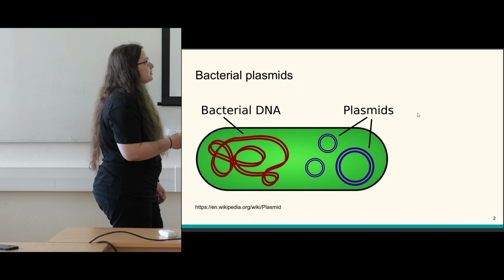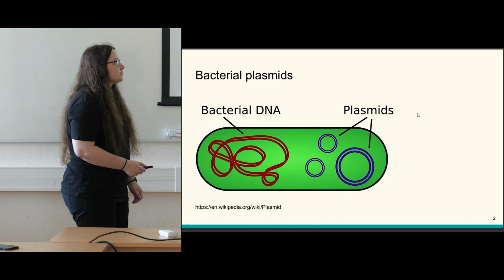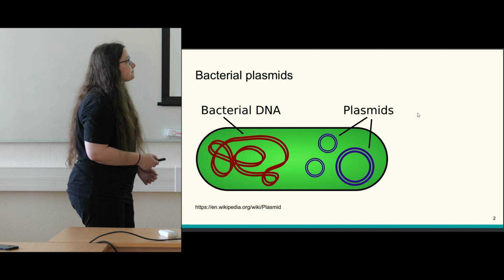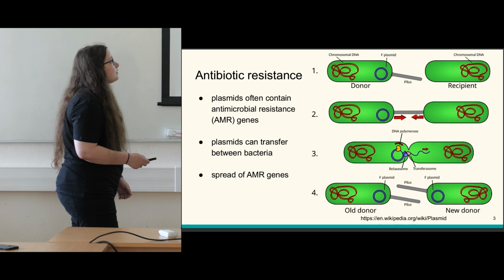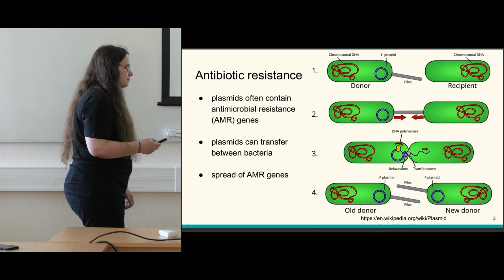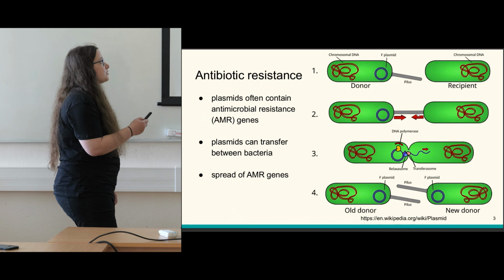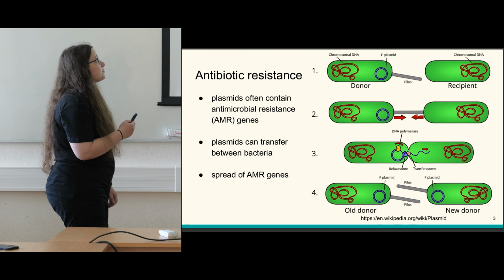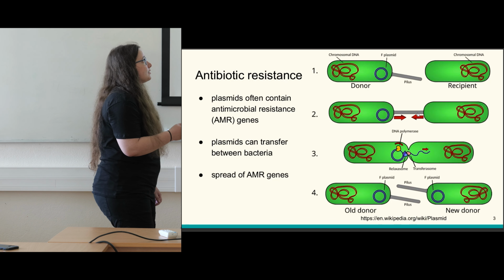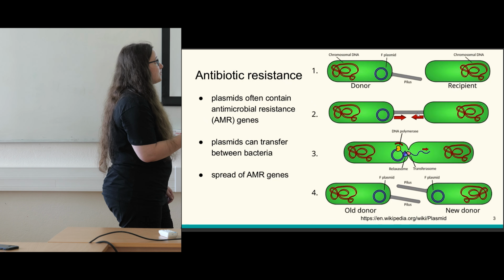And then there are plasmids, which are small circular molecules that exist independently of the chromosomal DNA. Why plasmids are important is that they carry beneficial genes for the bacteria, for example, those for antibiotic resistance. And they can transfer between the bacteria.